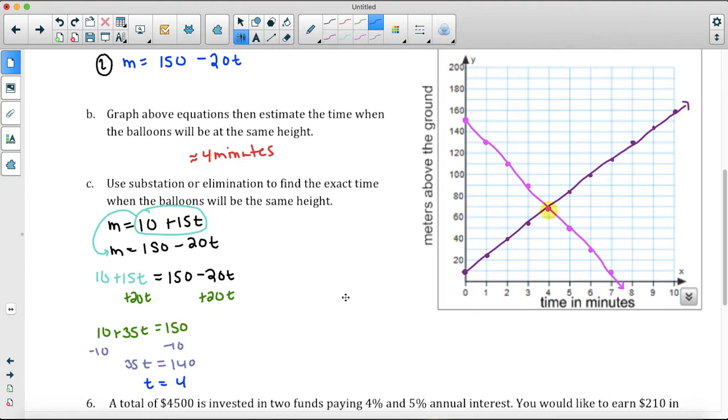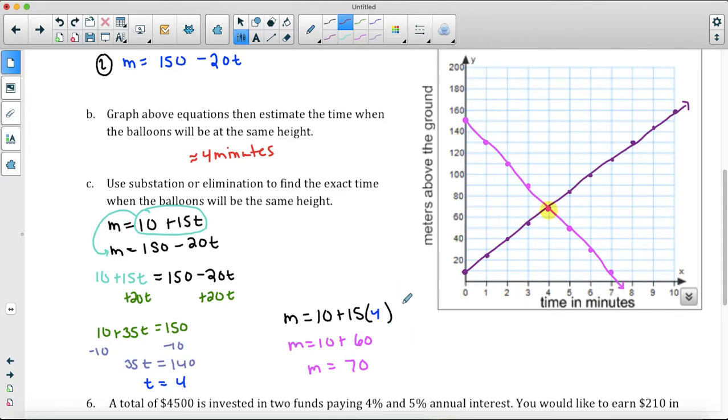Now, what will the height be? We can plug the t in for the time on either one of these equations. So m equals 10 plus 15 times our 4 minutes. We'll have m is equal to 10 plus 15 times 4 is 60. So m is equal to 70.